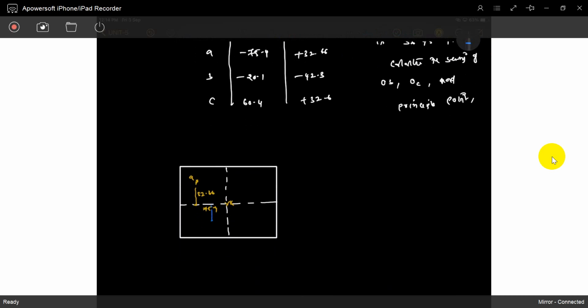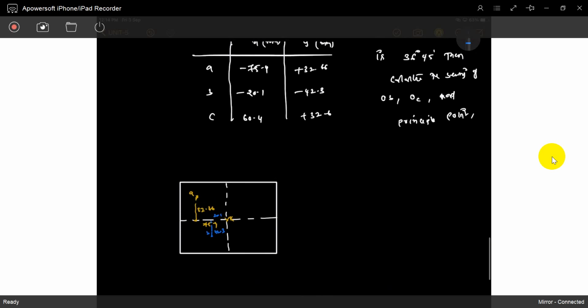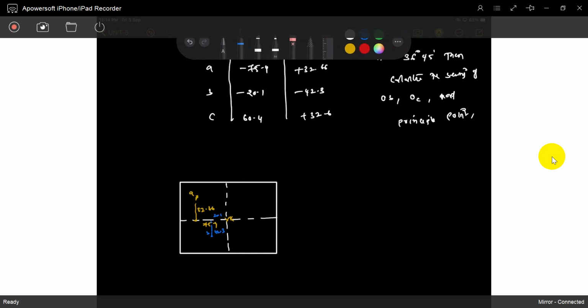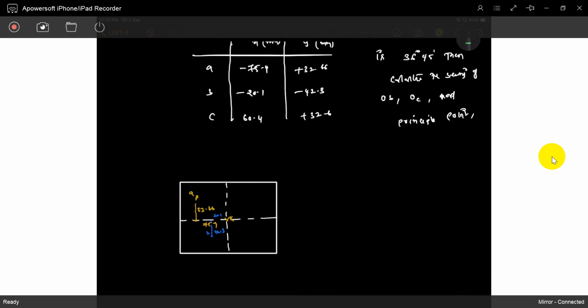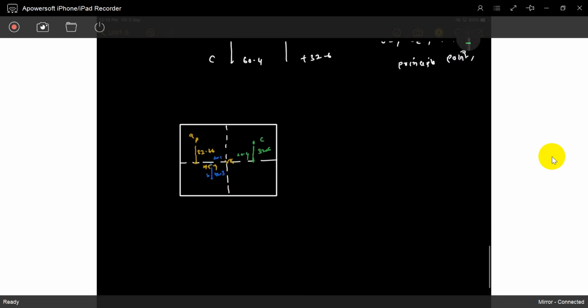This is B. For C, both are positive: this is 60.4, this is 32.6. This is C. So find out the bearings.